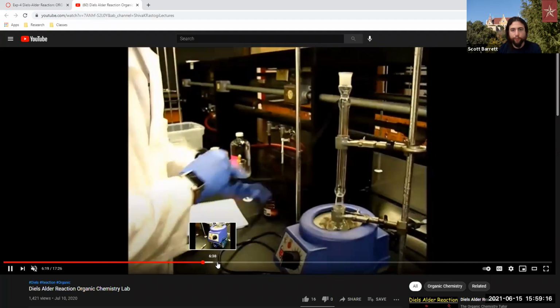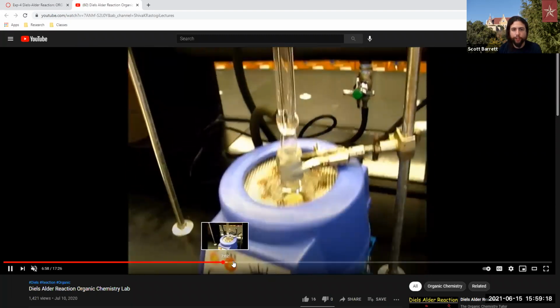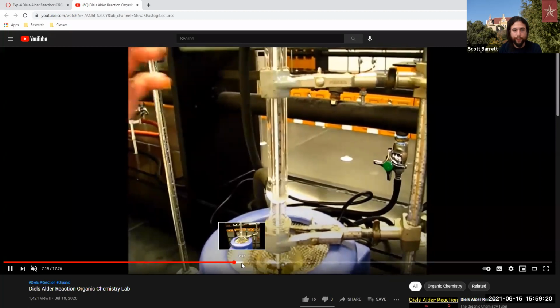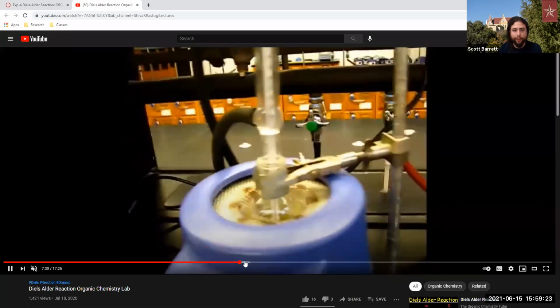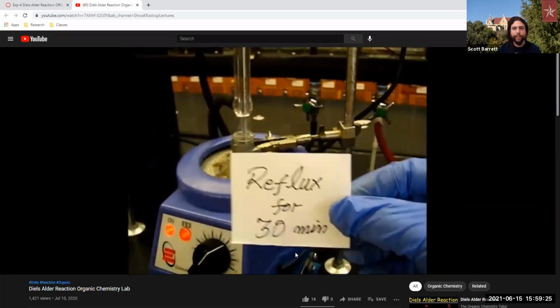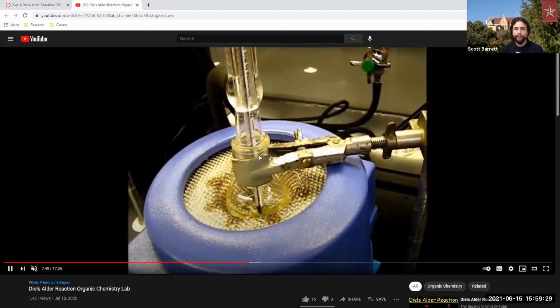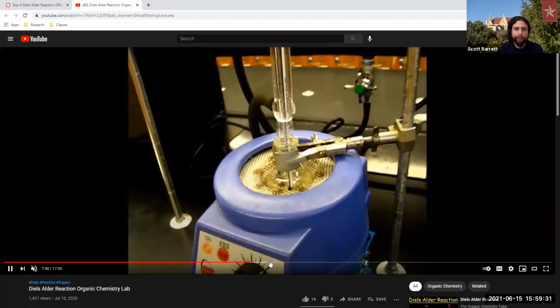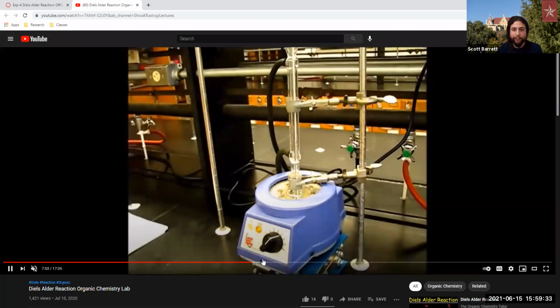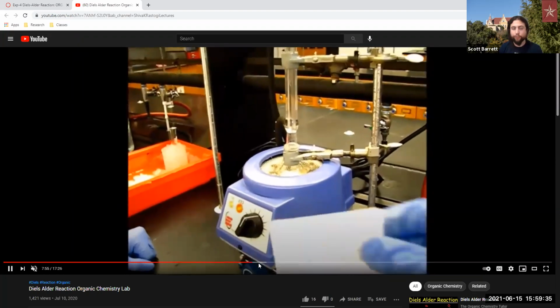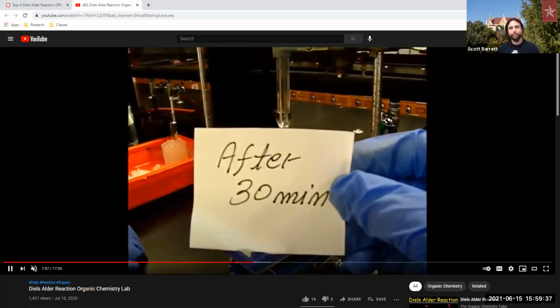Going to keep moving forward here. And then here they have the thermometer that goes down in, just to make sure we have the correct temperature. It's within the xylene itself to make sure that we have the correct temperature at the still pot, which would be different if we were performing a distillation.